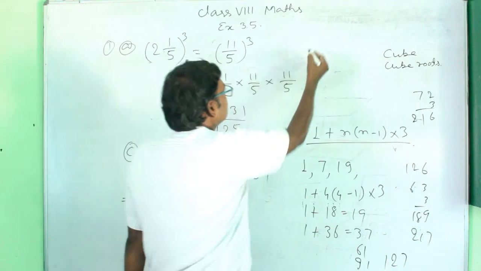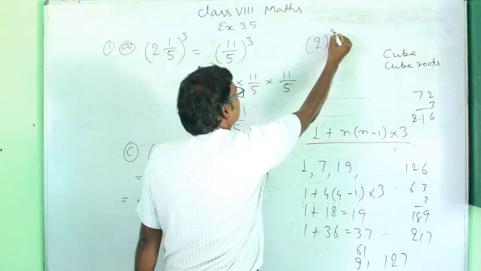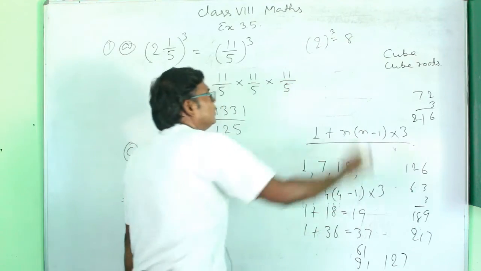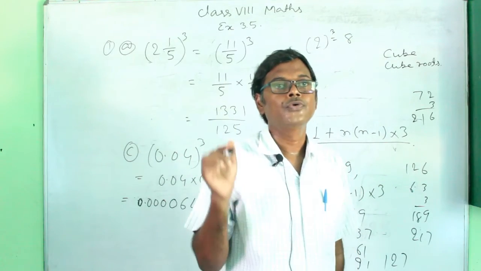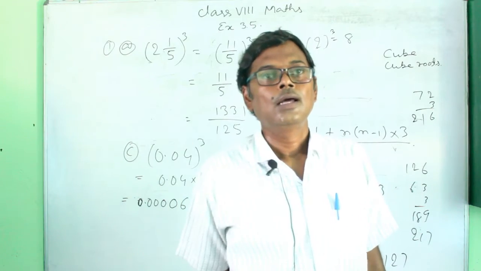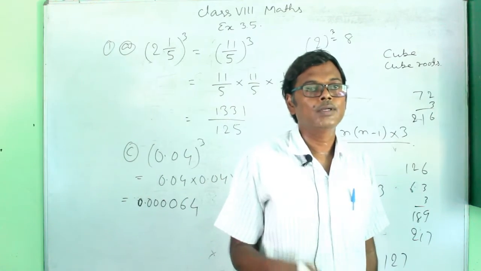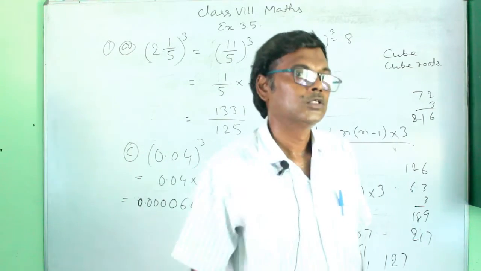For example, take 2. 2 cube will be 8, and see that 2 is even and 8 is also even. So the cube of an even number is even, and the cube of an odd number is an odd number. So this is the fact.